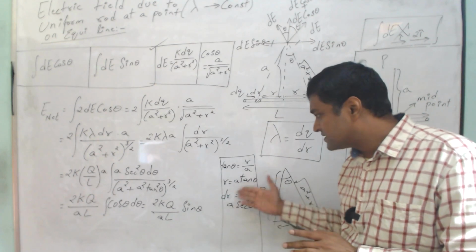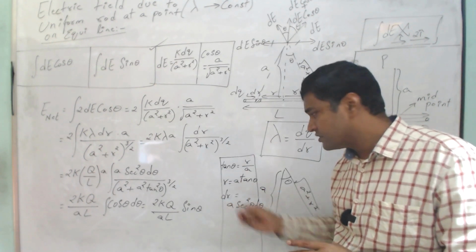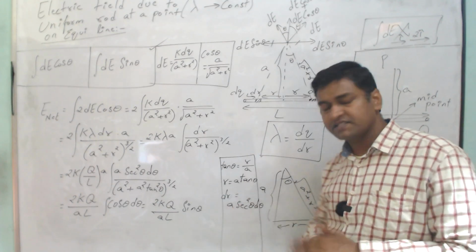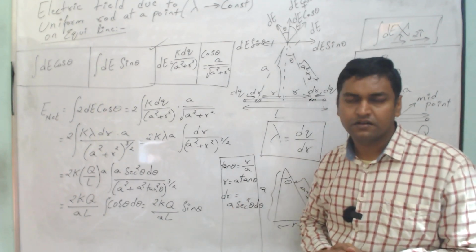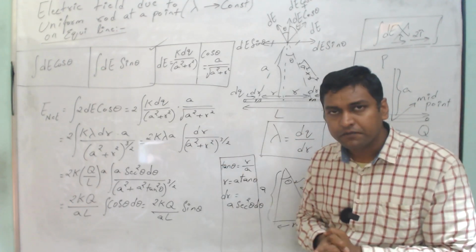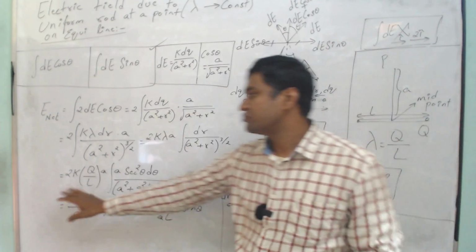Once that is established, whenever I substitute, I will differentiate. Therefore dr will be a secant square theta d theta. Put everything over there; all the constants are outside.